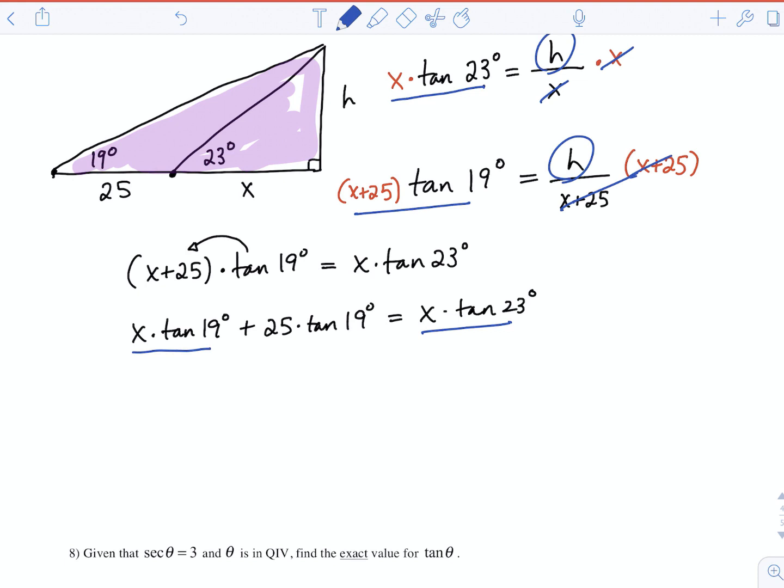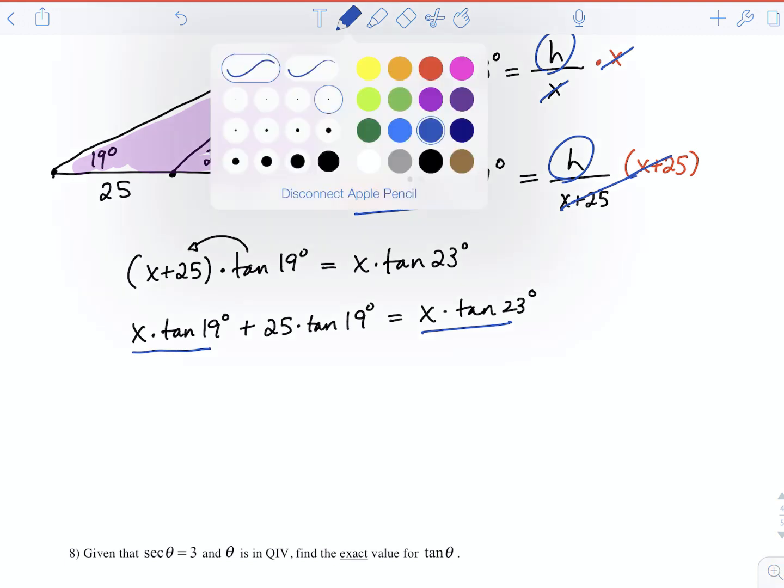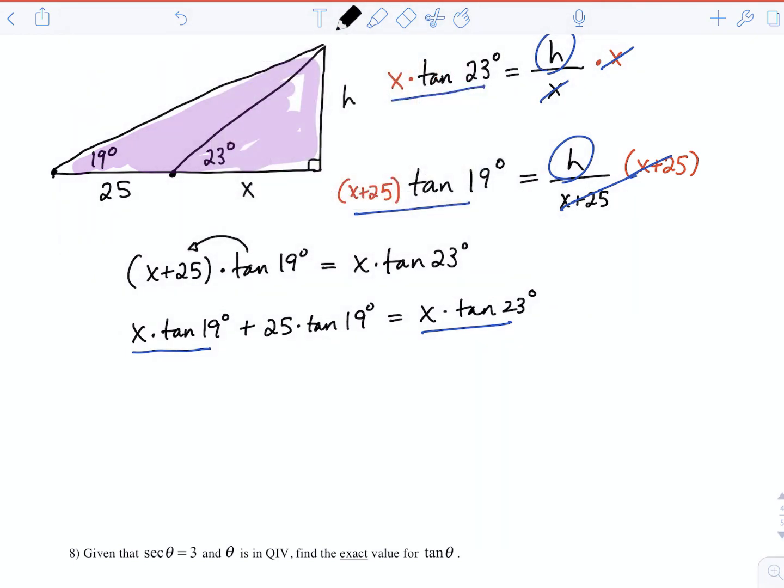So I'm going to put them on the right side. So I'll leave this one. And then it's going to say x tangent of 23 was already there, and then subtract x tangent of 19 degrees.